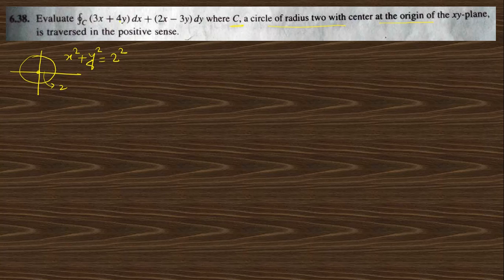Now we need to find the integral value, so we prefer to use Green's theorem. For that, here M is 3x plus 4y, so del M del y is nothing but 4, and N is 2x minus 3y, so del N del x is nothing but 2.